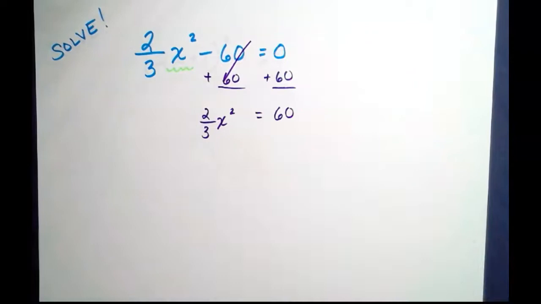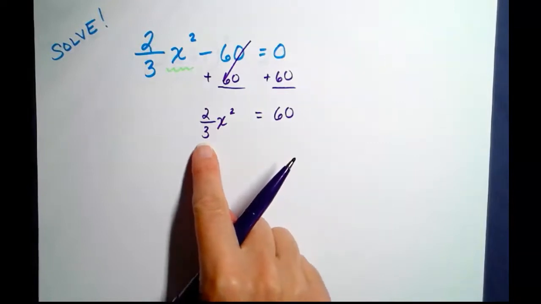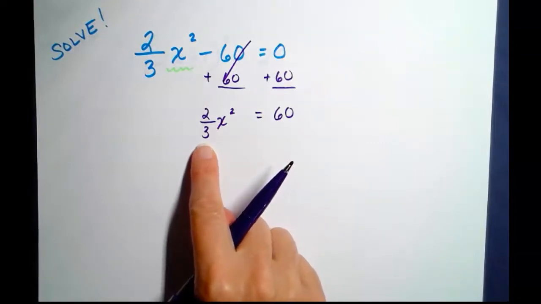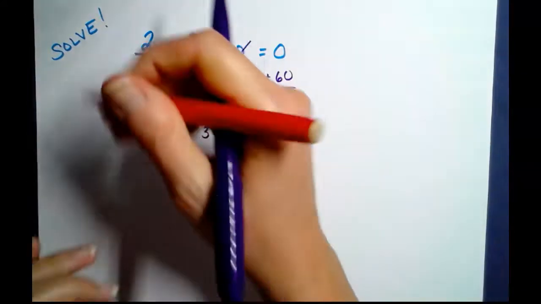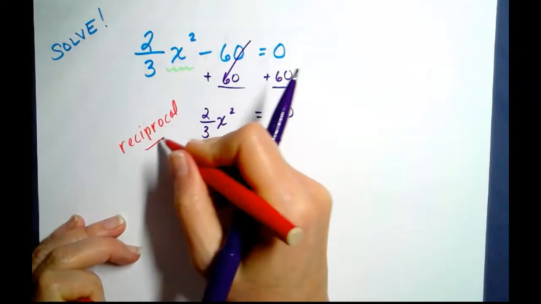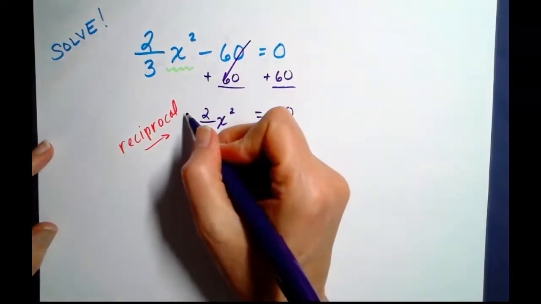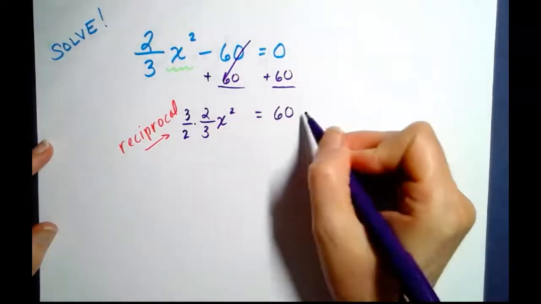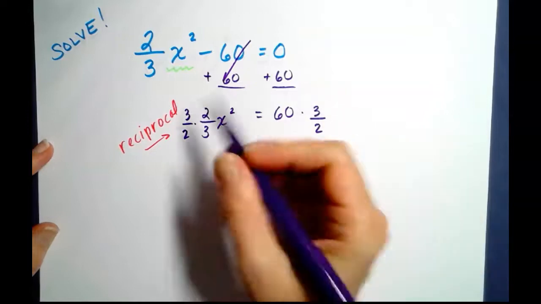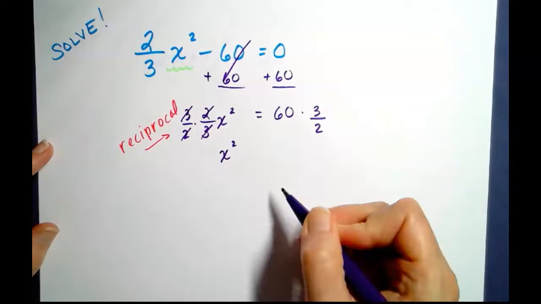Let's try to keep our equal signs lined up and work down the page. Next, we're going to undo times 2/3. As we've already seen, let's use a reciprocal in order to undo that fraction. The reciprocal of 2/3 is 3/2. So times 3/2, times 3/2. 3's cancel, 2's cancel. There's our x squared.